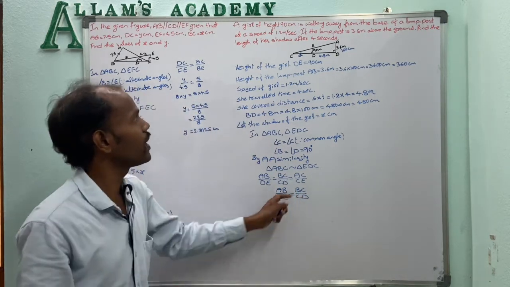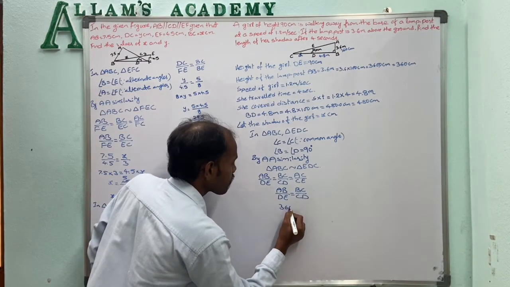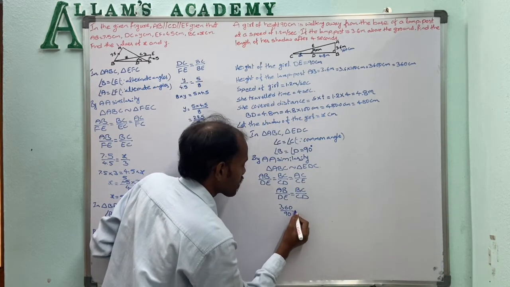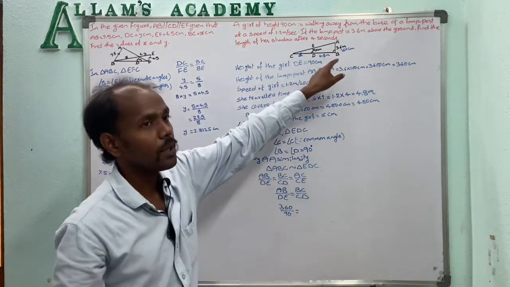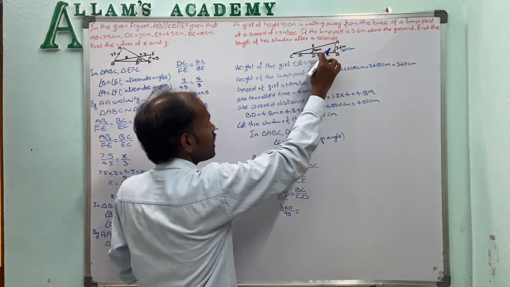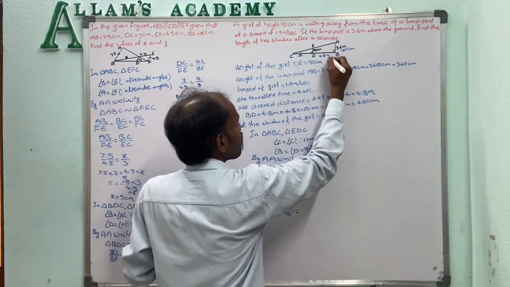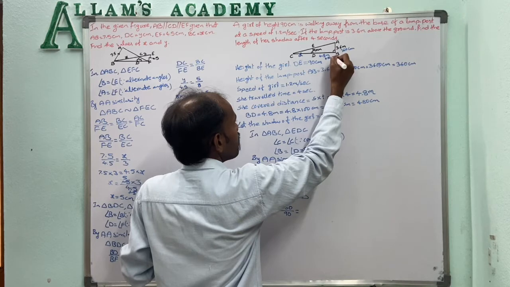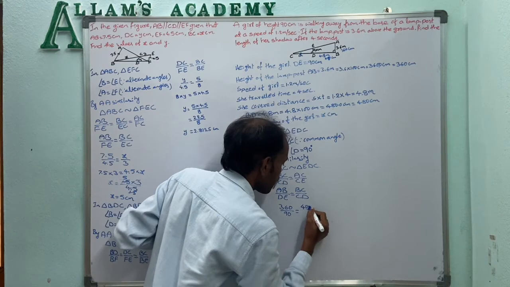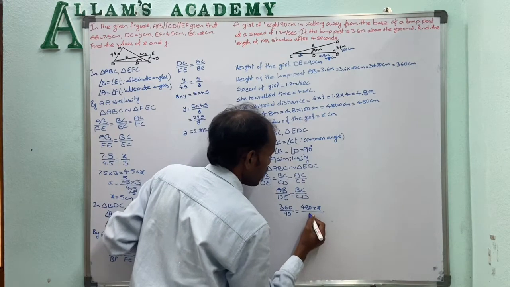Here AB length is nothing but 360 centimeters and DE length is 90 centimeters. BC means the sum of CD and BD. BD is 4.8 meters, that is nothing but 480 centimeters. So 480 plus X by CD length, which is nothing but X.